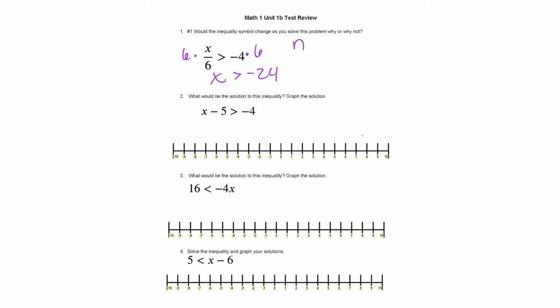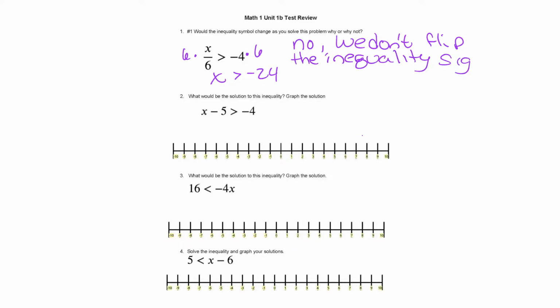So no, we don't flip the inequality sign, because we didn't multiply or divide by a negative.